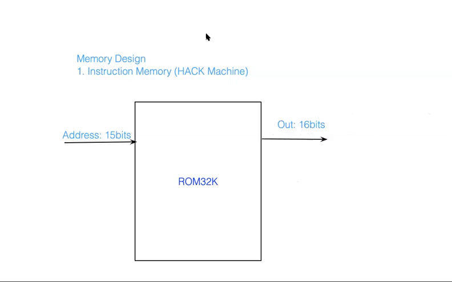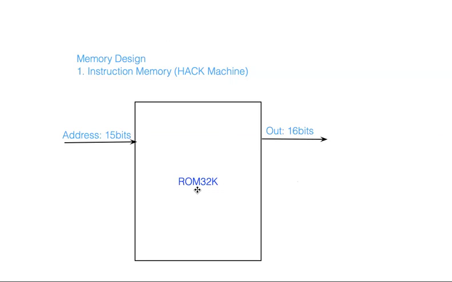Okay, so this one is for the instruction. The input is the address, which is 15 bits, and the output will be 16 bits. The instruction is stored in read-only memory, and we don't write into it.